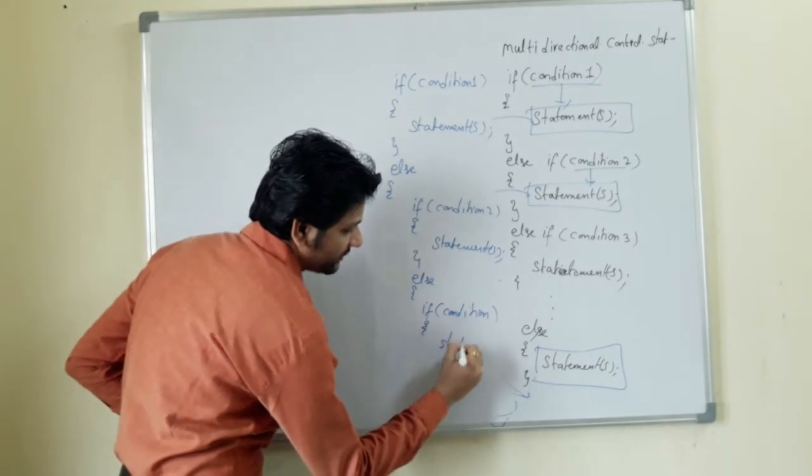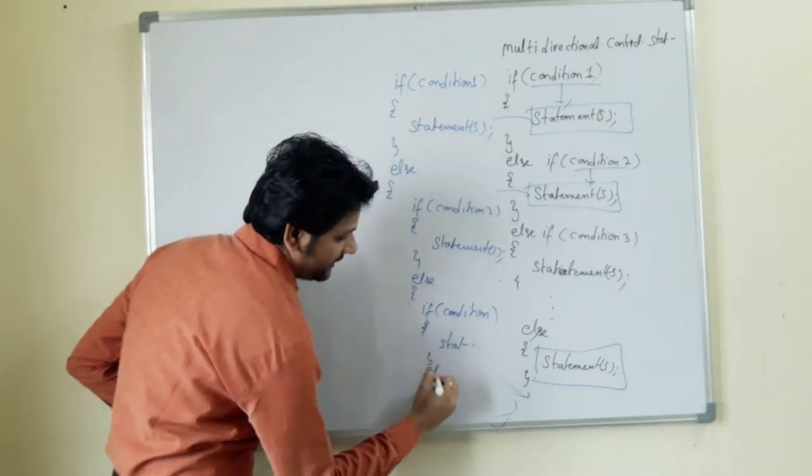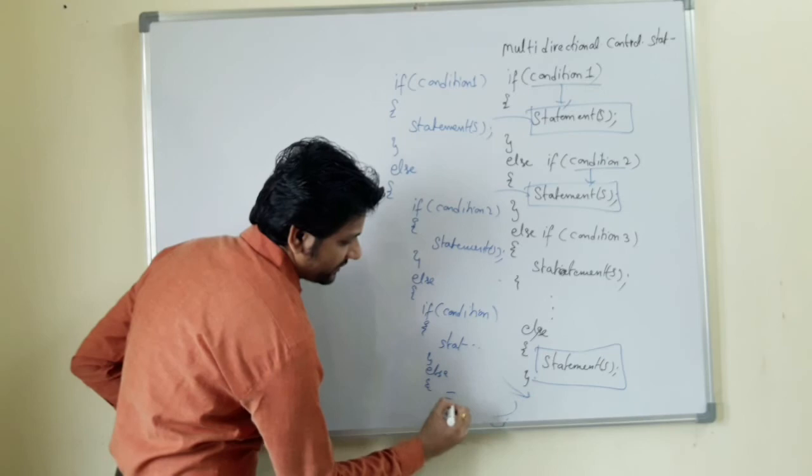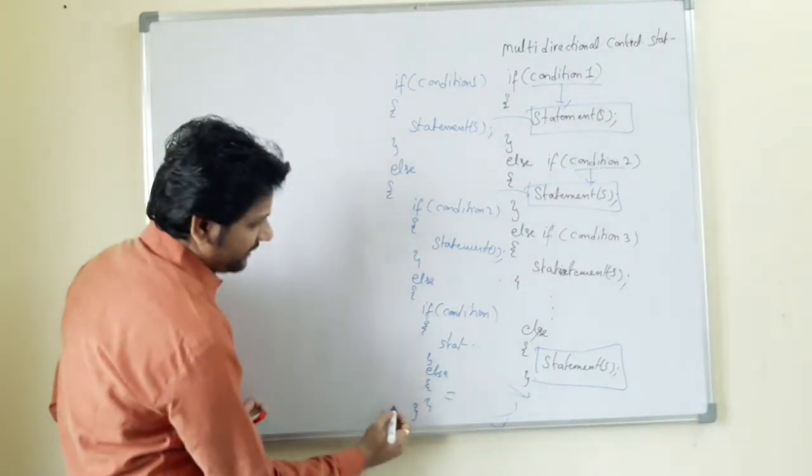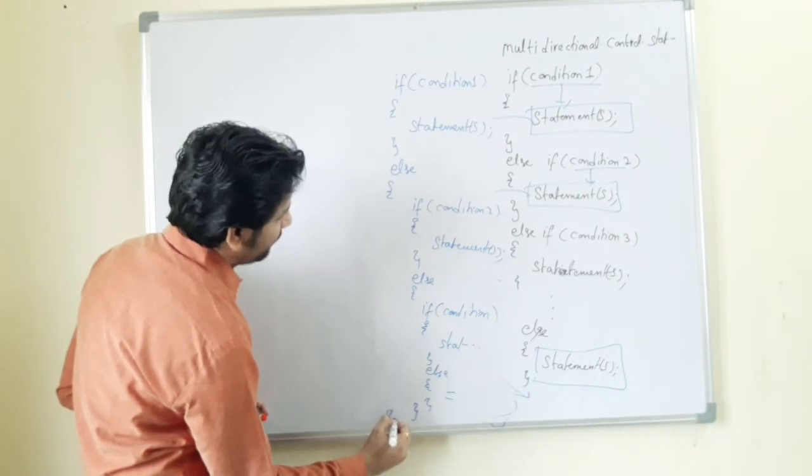You can write a set of statements here, and in the else you can write a set of statements here. Finally this else is closed, this else is also closed.